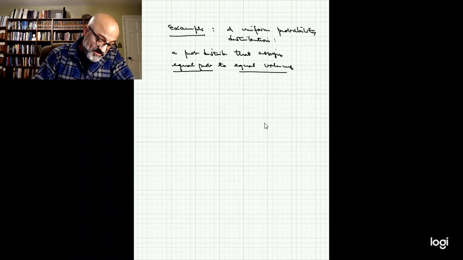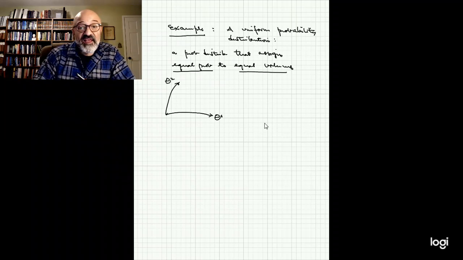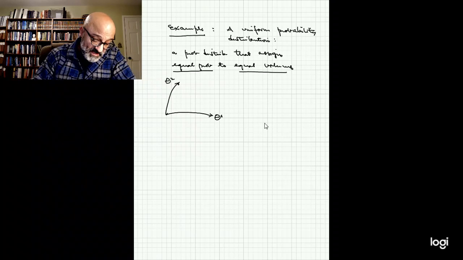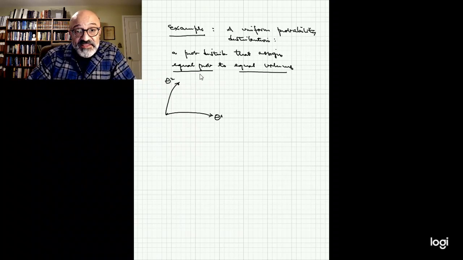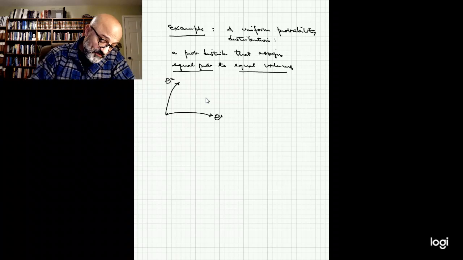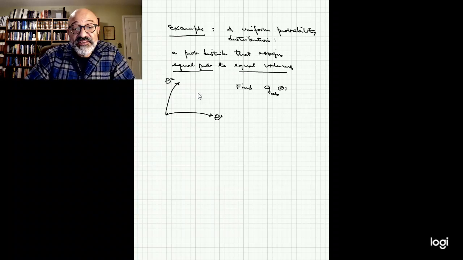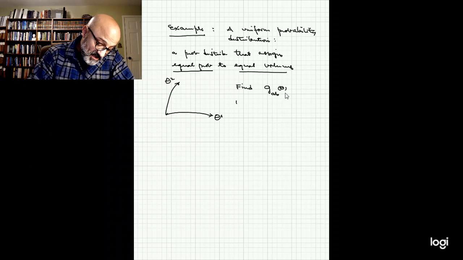So if you have a space of thetas and you want to assign a probability distribution that is uniform, we first need to find out what the metric tensor is. Then the probability distribution. This is the probability density, and then here we put the d thetas.